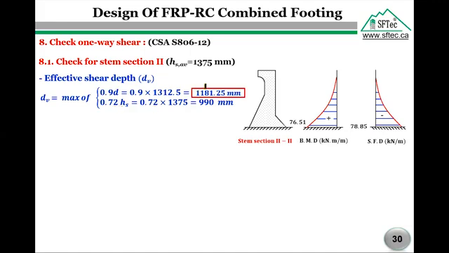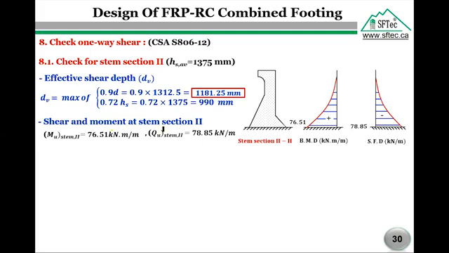So dV equals 1181.25 millimeters. The maximum shear force and bending moment at the stem face at section 2.2 equals 78.85 kilonewton for the shear and 76.51 for the moment.